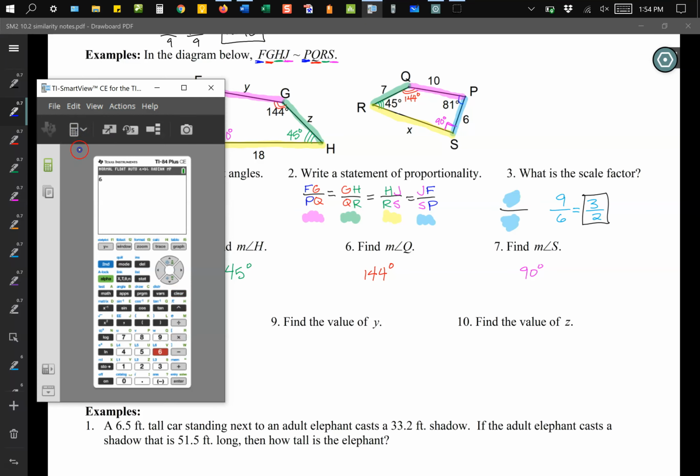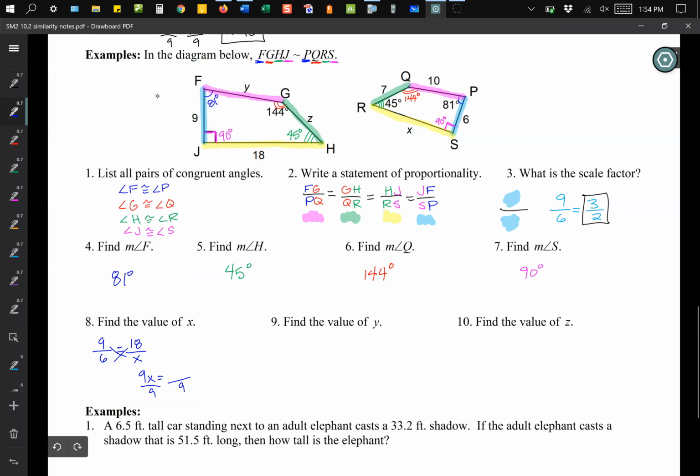Okay, calculator. 108. That makes more sense. Which means x is 12. I knew the answer was going to be 12 because 9 times 2 is 18, so 6 times 2 has to be 12. But I was having trouble multiplying.